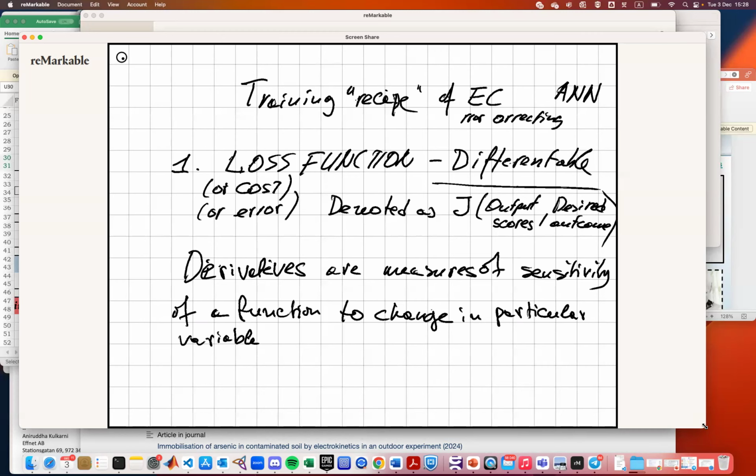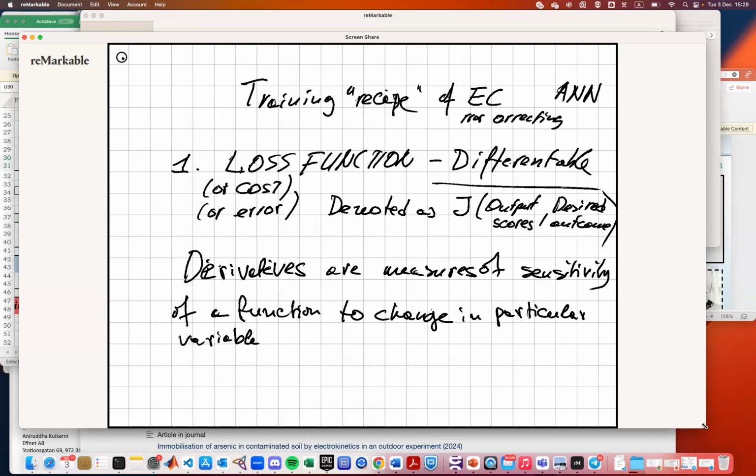Now, of course, we can discuss how to encode this value. Normally we talk about some symbolic categories, but they need to be converted into numerical format so that they become mathematically comparable with the output scores of the network.